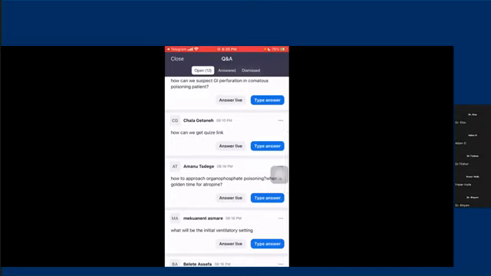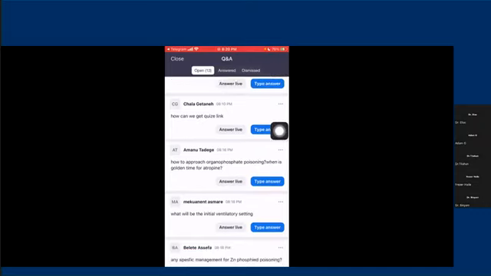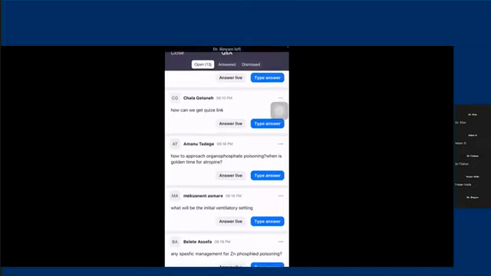How to approach organophosphate poisoning, and when is the golden time for atropine? Organophosphate poisoning is really very rampant in our setup because most of our farmers use organophosphate as a pesticide. Unfortunately, it has an antidote, which is atropine.